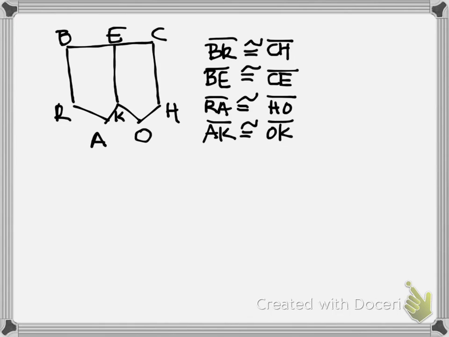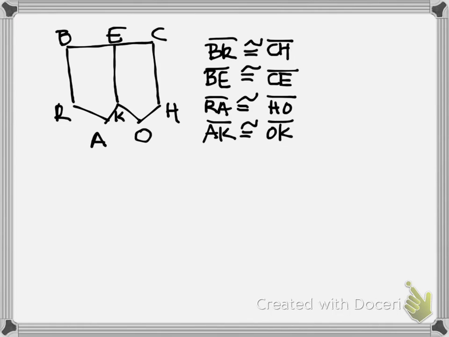Since it says that BR, CH, 2 lines, 1 line. Congruence does not lead to parallel, so I can't jump to that conclusion. Okay. Oh, Mikey. The one line that's missing is EK.